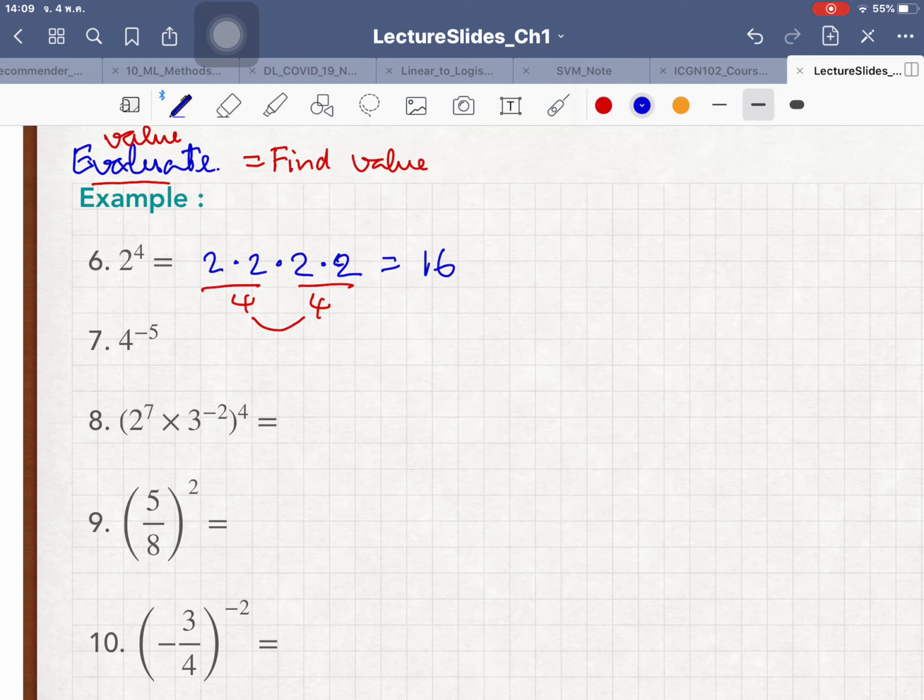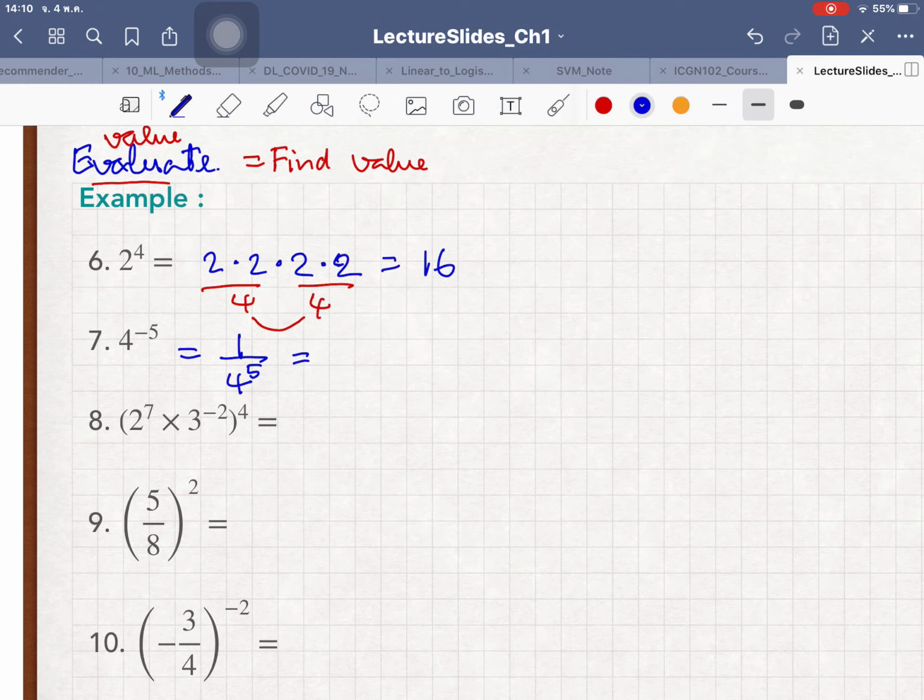For the next problem, now you see the negative power of minus 5. Whenever you see the negative power, you need to get the reciprocal, or flip it upside down. So actually, you're going to get 1 over 4 to the power 5.